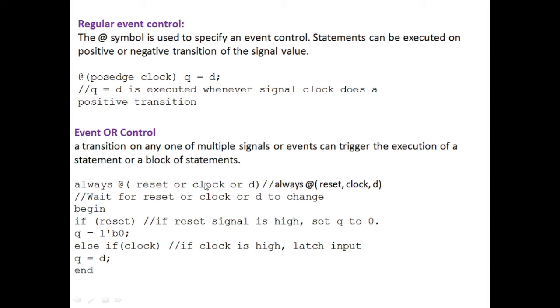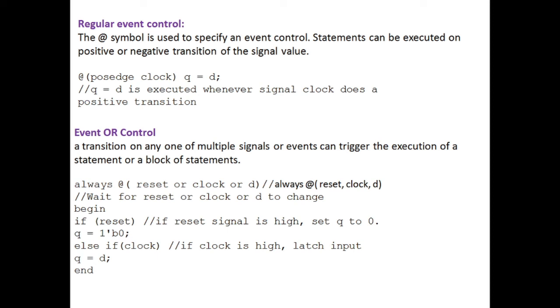The inputs may be reset, clock or data input D. So whenever any of the inputs undergoes a transition, some of the statements have to get executed. A transition on any one of multiple signals can cause the triggering or execution of a statement or a block of statements.